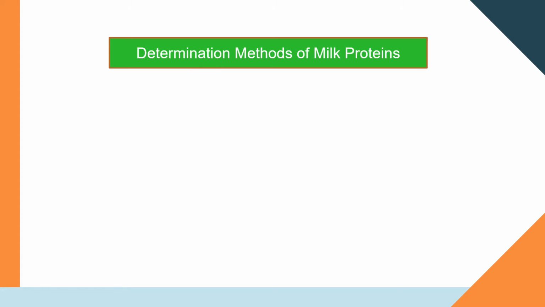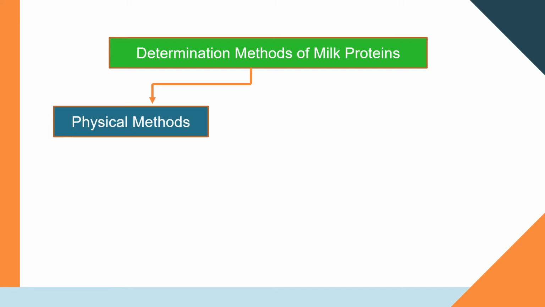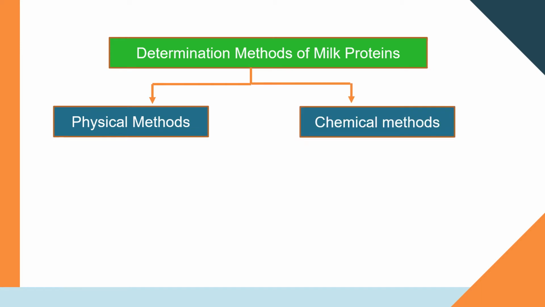Now we are moving to the third and the last part in this lecture about the chemical method that can be used for the determination of milk proteins. In fact, we have got two categories of methods for this purpose. We have got physical methods and chemical methods.